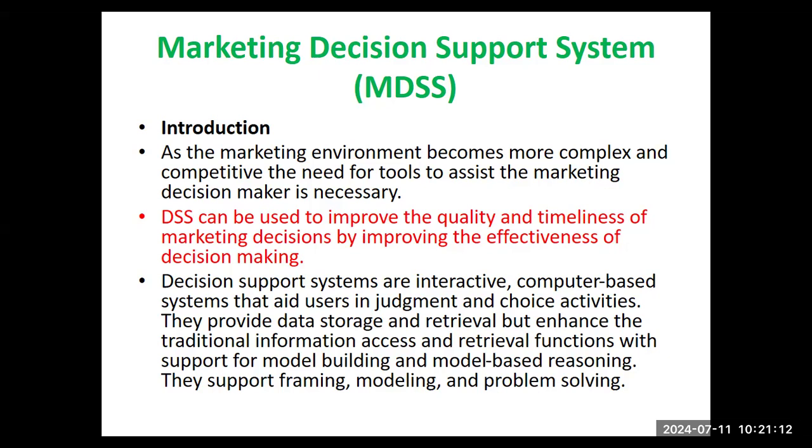Example: an e-commerce platform uses a decision support system. Now there are a lot of popular e-commerce platforms available around the globe, even in Sri Lanka. These e-commerce platforms use a decision support system to simulate, which means making a model of, various pricing strategies.